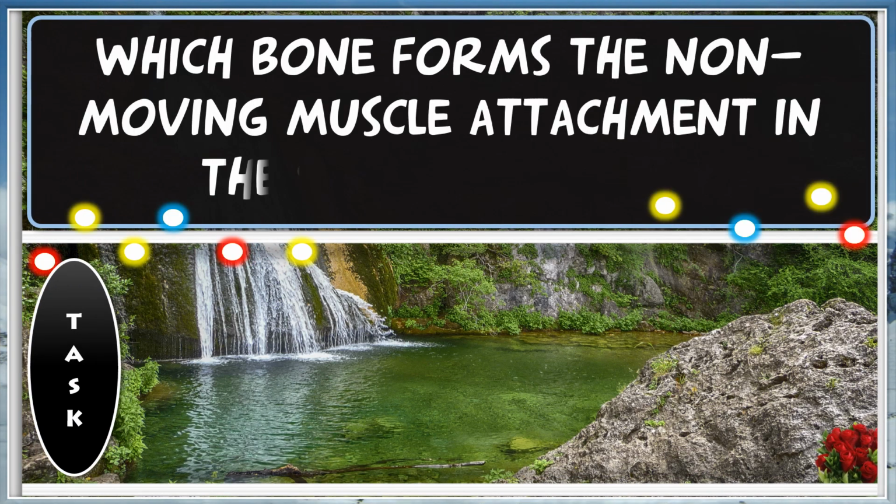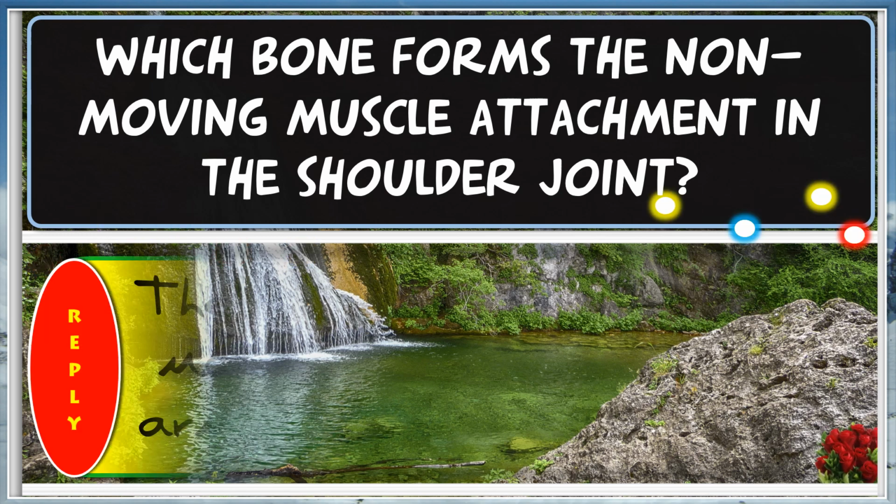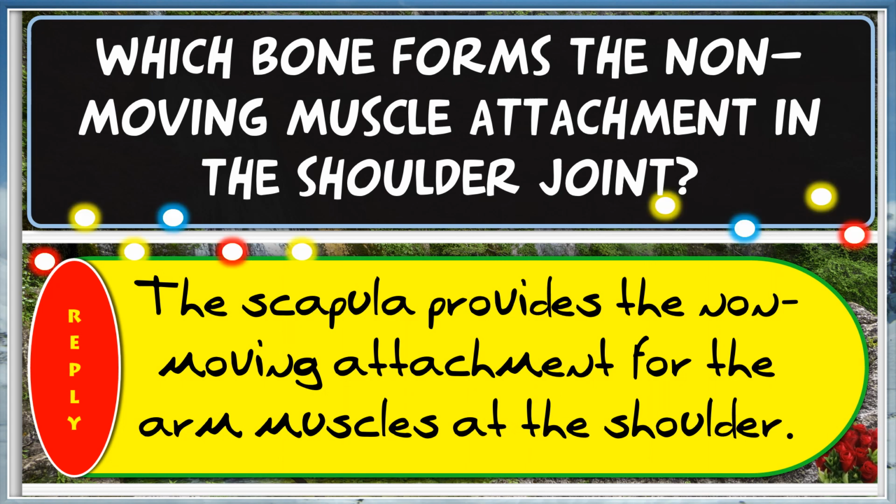Which bone forms the non-moving muscle attachment in the shoulder joint? The scapula provides the non-moving attachment for the arm muscles at the shoulder.